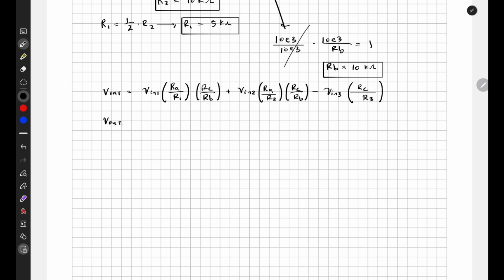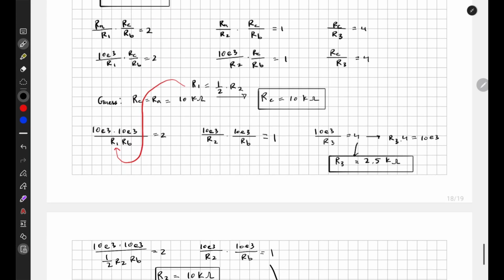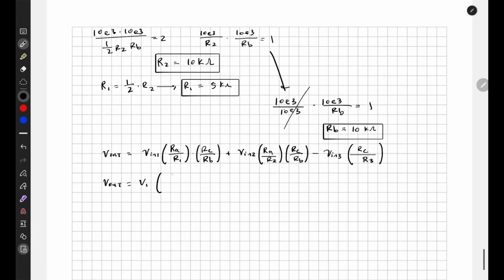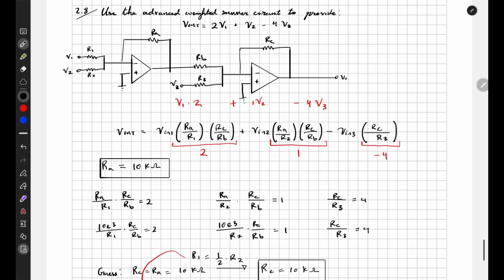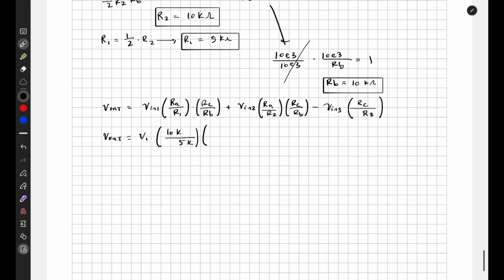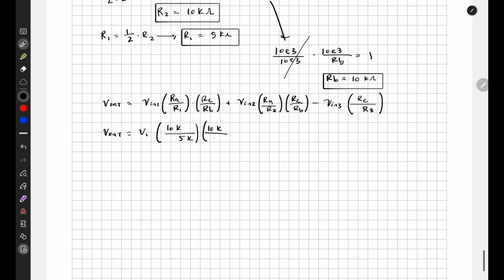So Vout is equal to V1 RA, as we have talked about. RA is 10 kilo ohms divided by 5 kilo ohms. Just write K for simplicity. RC we talked about earlier was 10 kilo ohms divided by RB is 10 kilo ohms, plus V2 RA is 10 kilo ohms divided by R2 is 10 kilo ohms.